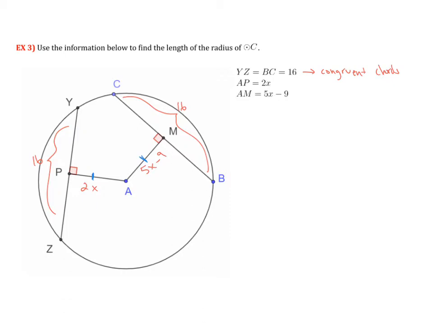Okay, so let's go ahead and actually write a statement that says exactly that. Segment AM, which represents the distance from chord BC to the center, is congruent to segment AP. And these are, again, distance from the center.